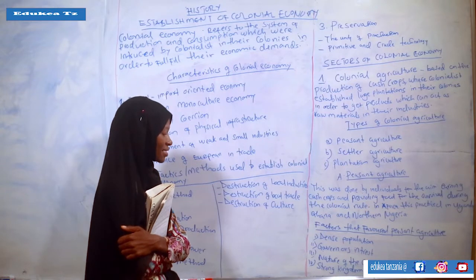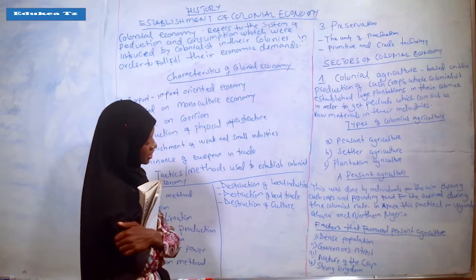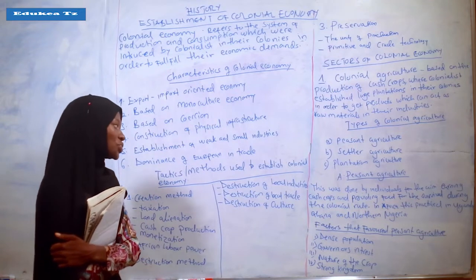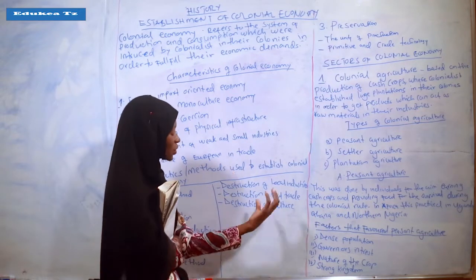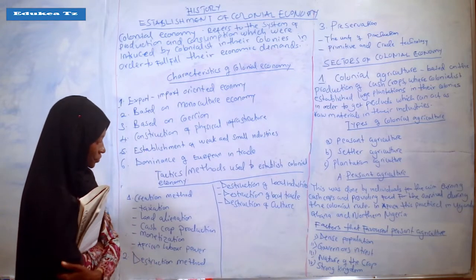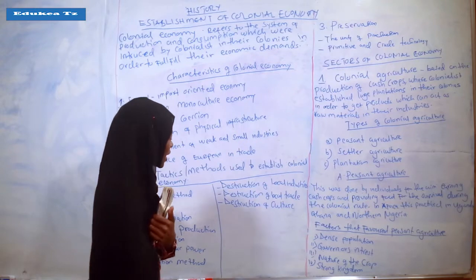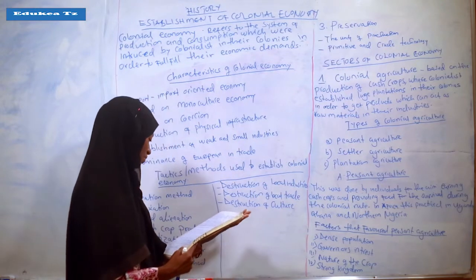Another is destruction of local trade. African middlemen were not allowed to continue with their trade. Another destruction is destruction of culture.